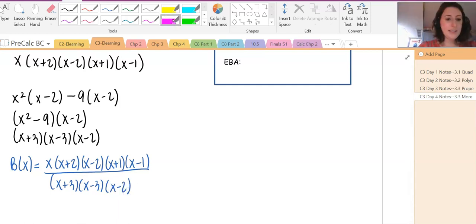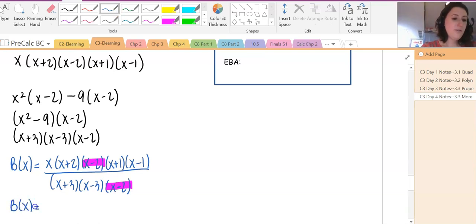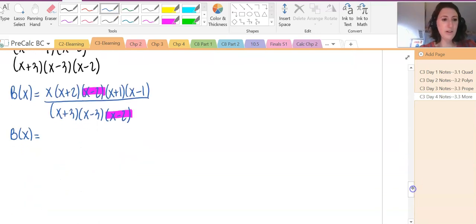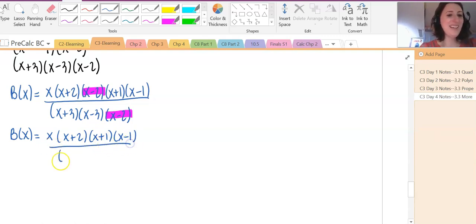The only thing that's going to cancel are my x minus 2's, hopefully. Yes, good. All right, final factored form: x plus 2, x plus 1, x minus 1, over x plus 3, x minus 3. Oh, that was thrilling.